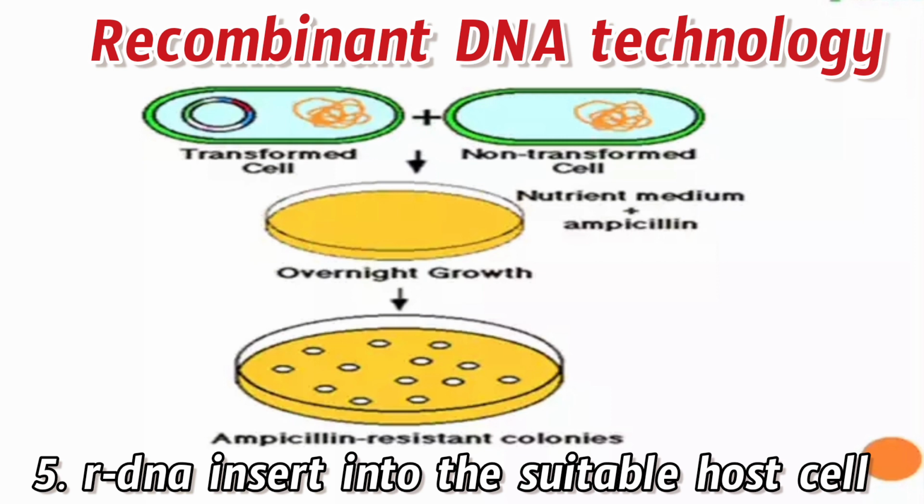Transformed means the cells which consist of our rDNA. Those cells we call transformed cells. We select transformed cells. For that we follow a method, that is selection markers or colony hybridization.